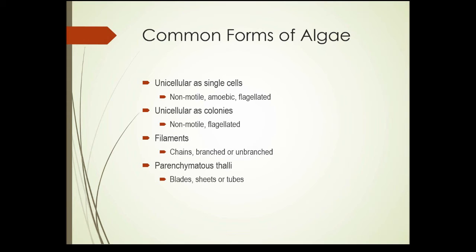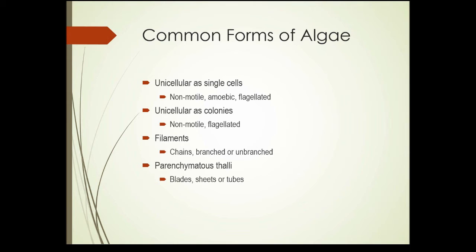They can be amoebic, which means that the cell walls are flexible and they can flow in different directions, like an amoeba's sort of a swimming and crawling action. Or they can be flagellated, meaning they can have one or more tails that they can actually move and sort of swim around or move through the substrate that they're in.